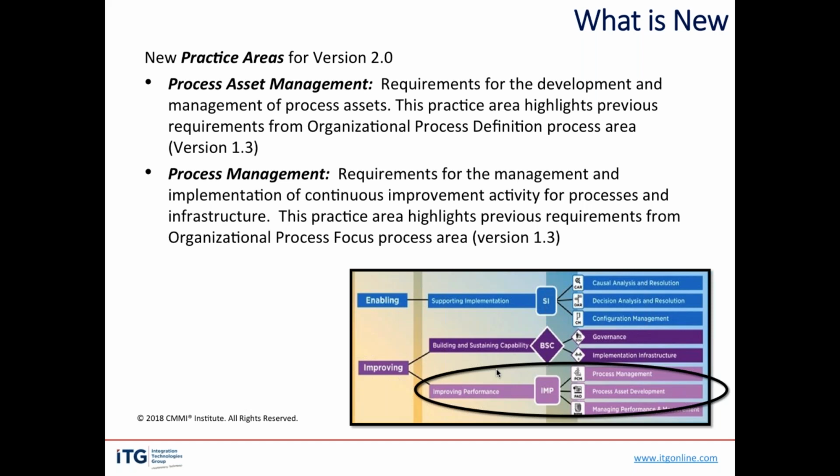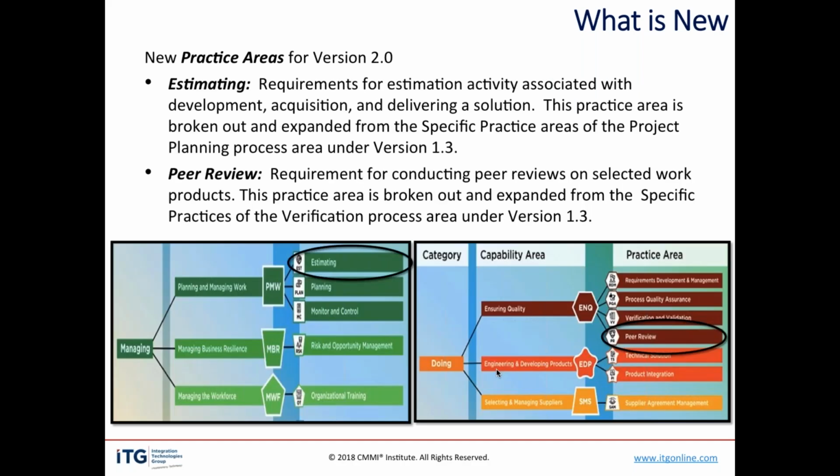Process asset management ties back to historical requirements for organizational process definition, and process management ties back to organizational process focus. Now, I don't want to misconstrue this as a one-for-one correlation to some requirement verbatim in the old model, because it is not true, and we'll talk about that in a second as well.